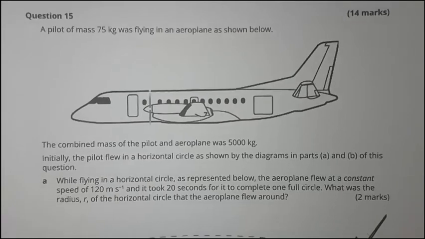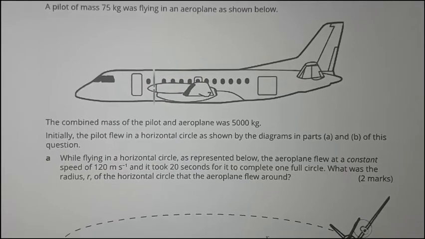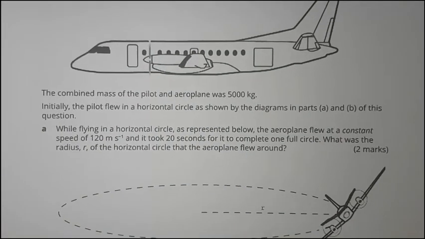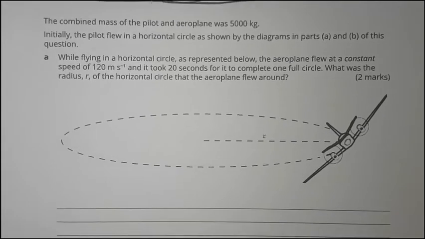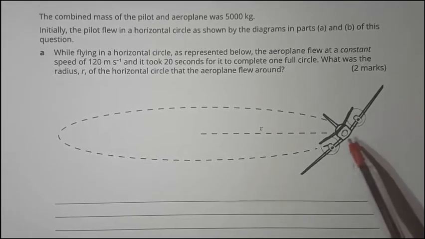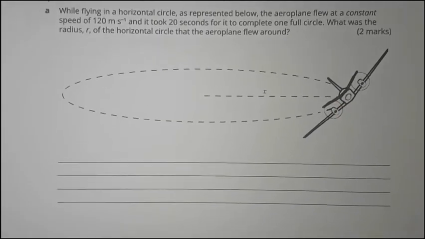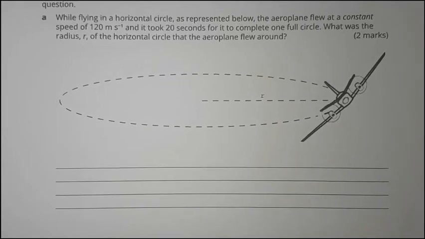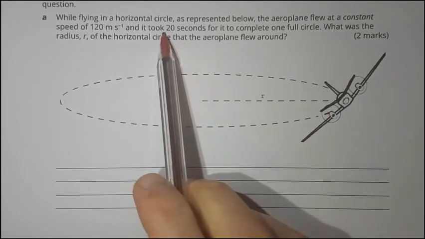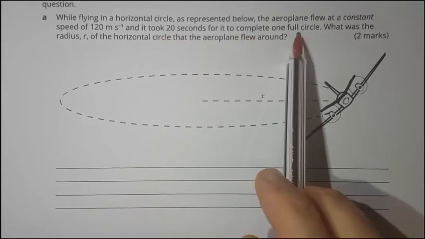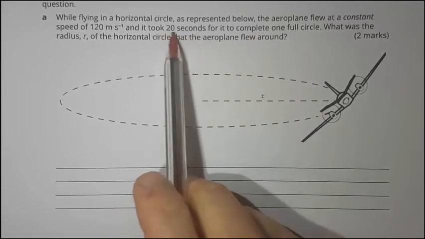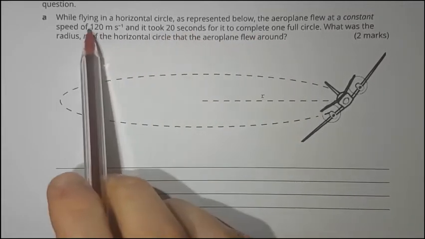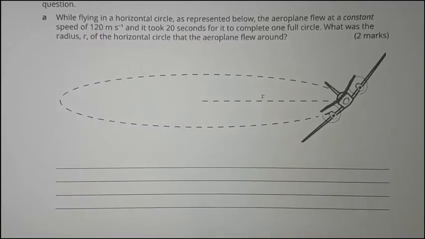Alright, question 15. You've got an airplane that's doing a horizontal loop. You can see it's going to ask some questions about banked angles soon, but the first question is really straightforward. It tells you that it's taken 20 seconds for it to complete one full circle. So that 20 seconds is your T, your period, and your velocity is 120 meters per second.